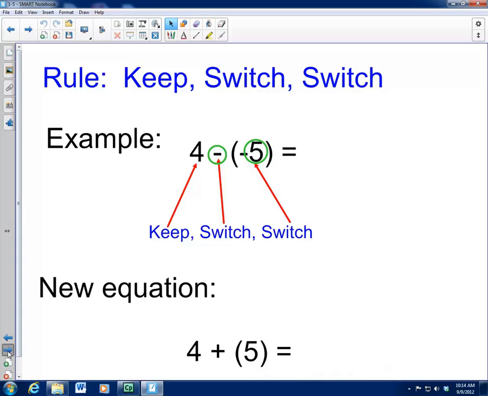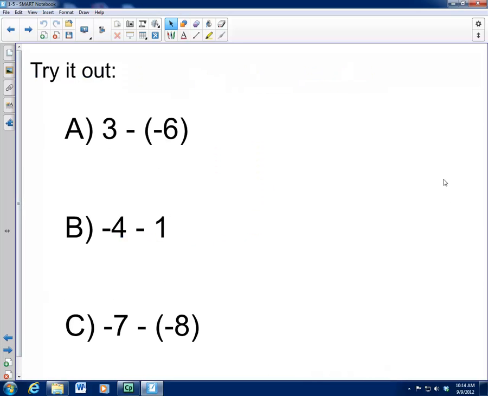Okay, so let's take a look at our examples. All right, our first one up here we have is 3 minus -6. Well, again, we're going to use our keep, switch, switch to solve this. So we're going to keep that 3 the same. We're going to switch that minus sign to a plus sign.